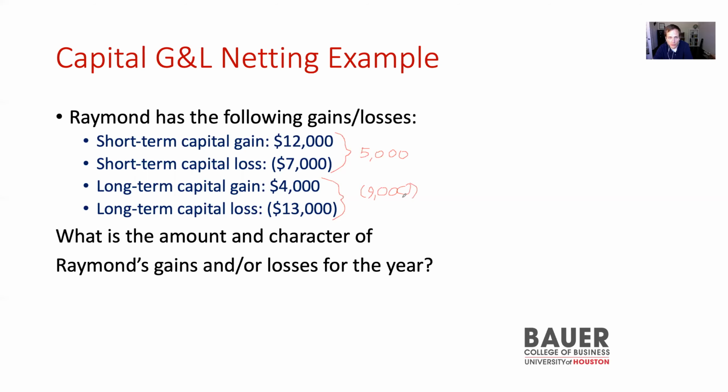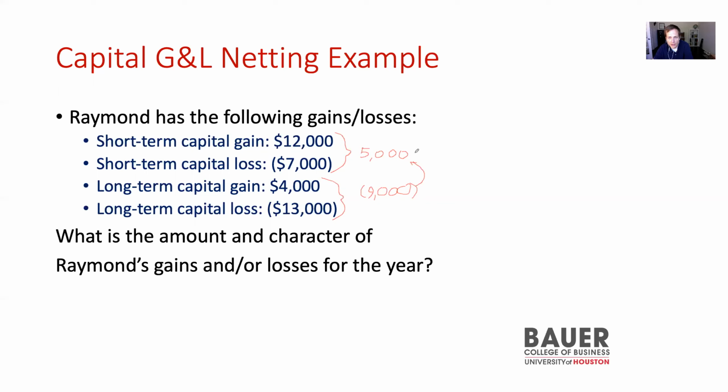Right, so I always start with the long-term. Since I have a loss, there's no other long-term capital gains like collectibles gains or unrecaptured 1250 gains to net against. I would have done collectibles first, then 1250. So now I can net it against here, right?